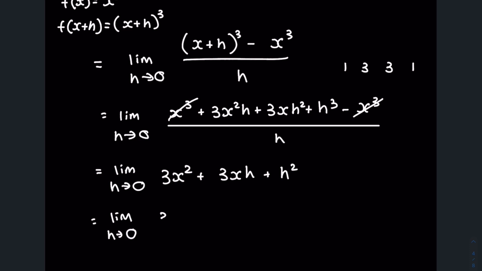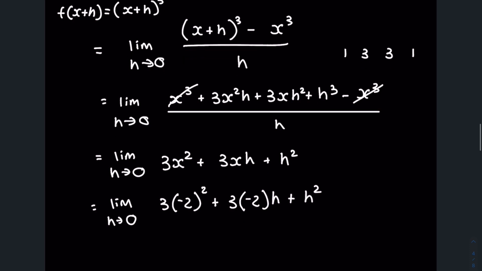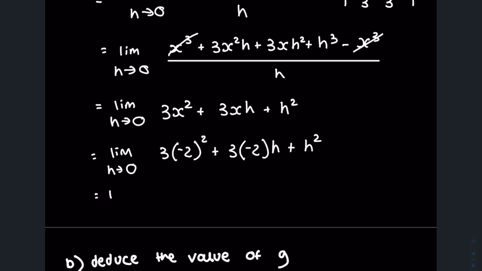So we've got 3 lots of -2 squared plus 3 lots of -2 plus h squared. And if we limit h tends to 0 of this, -2 squared is 4. 4 times 3 is 12. So we have 12, and then 3 times -2 is -6h plus h squared.